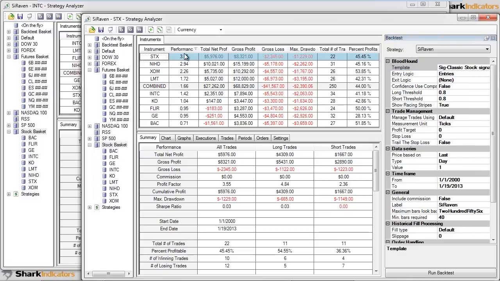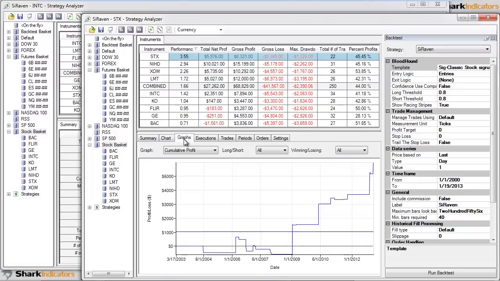Seagate is up here on the top performance. Let's take a look at the graph. Still, I have some caution about this, even though it's the best performer, because look, halfway through the test period, it's just really chopping around, and then finally it starts making some money here.